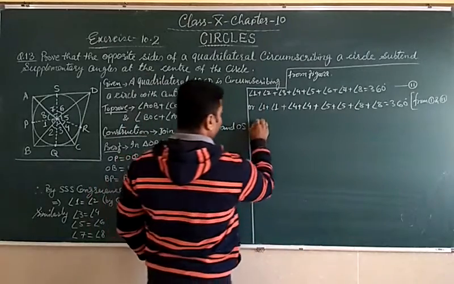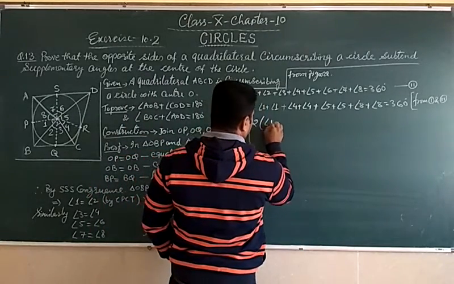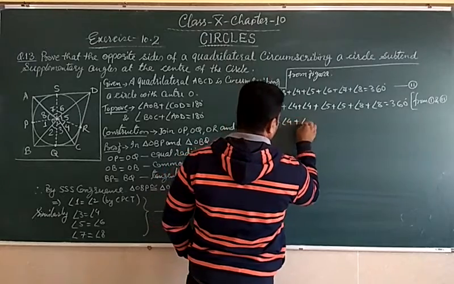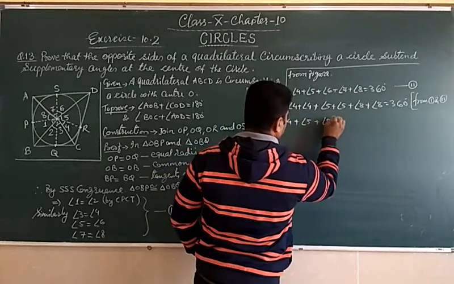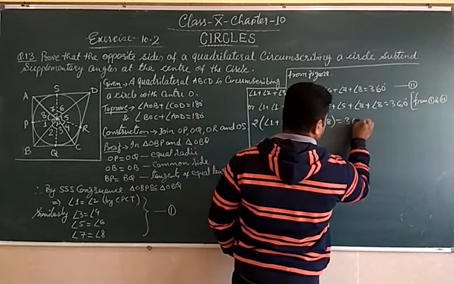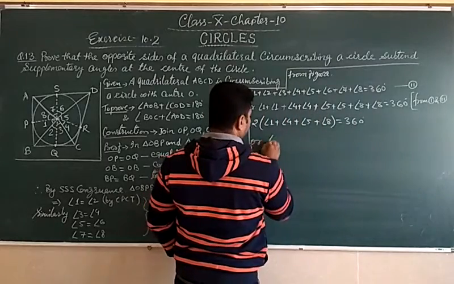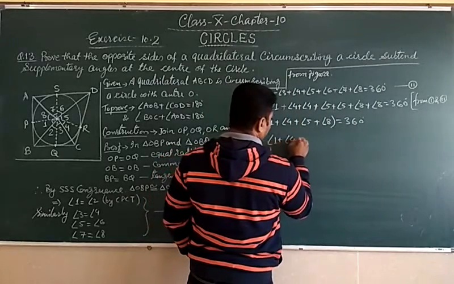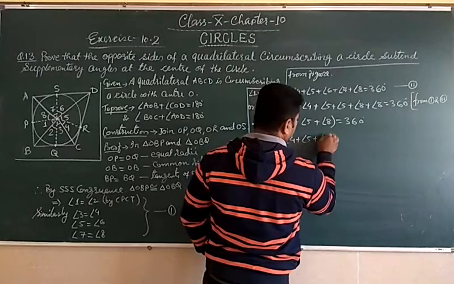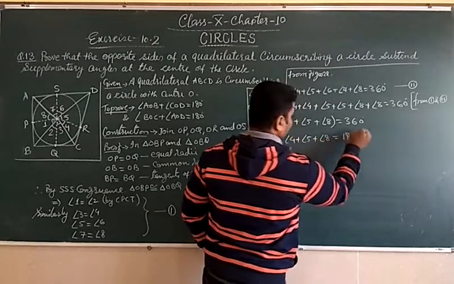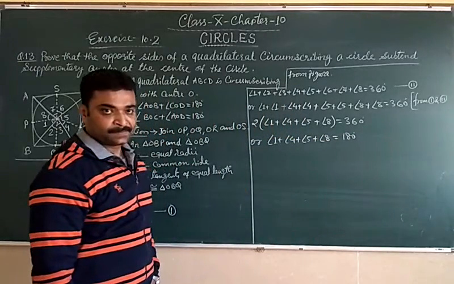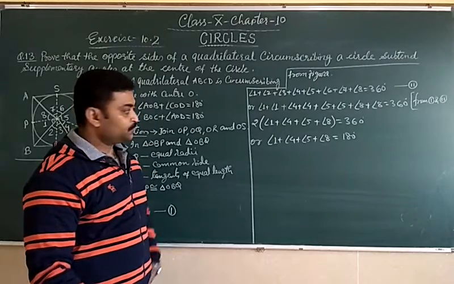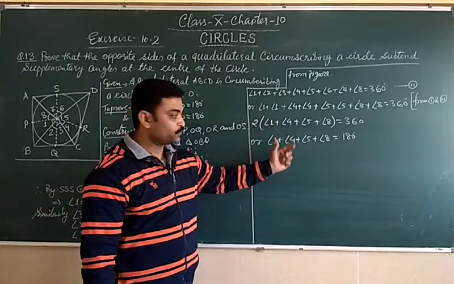We can take 2 common: angle 1 plus angle 4 plus angle 5 plus angle 8 is equal to 360 degrees, or angle 1 plus angle 4 plus angle 5 plus angle 8 is equal to 180 degrees, because we divide by 2.